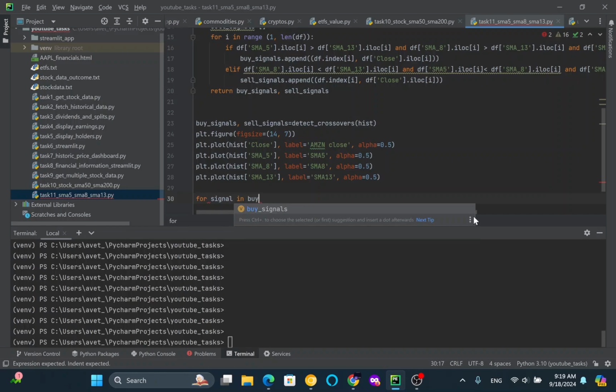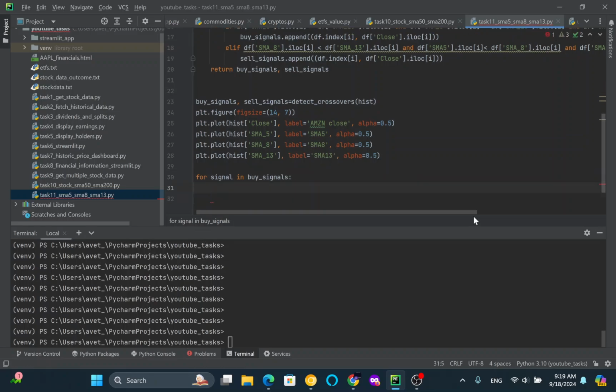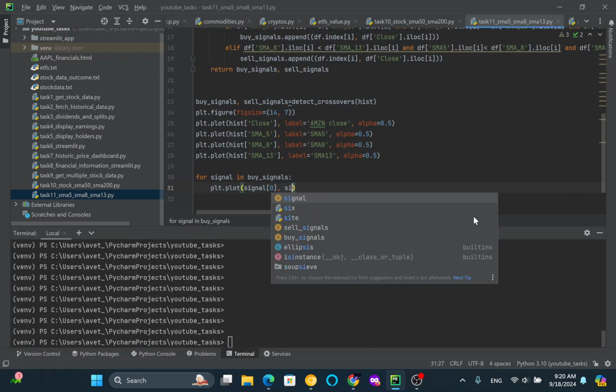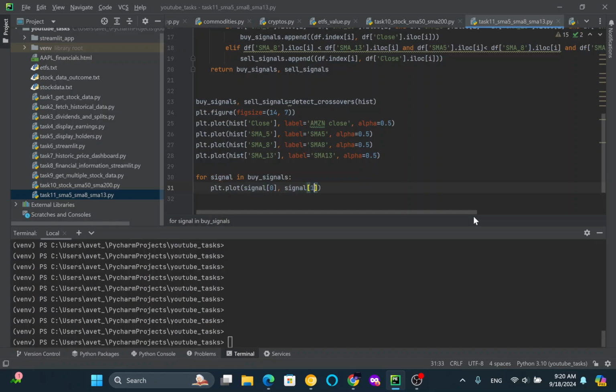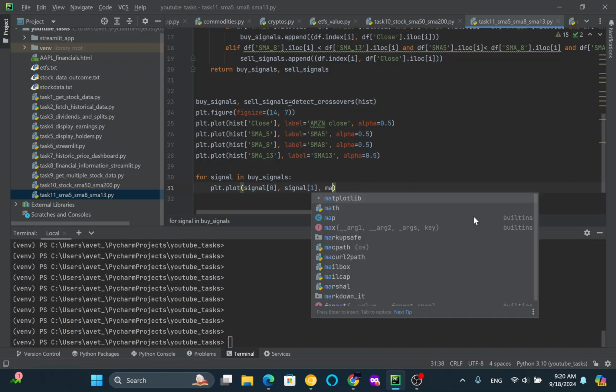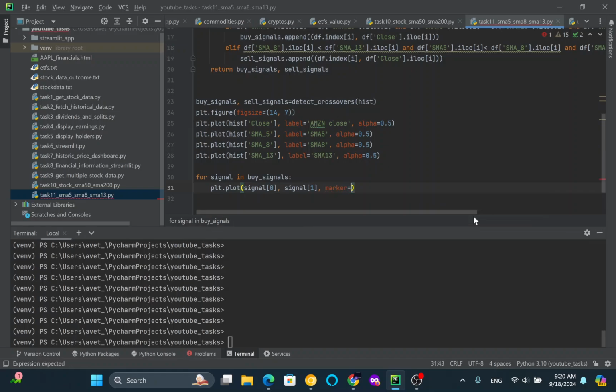Signal buy signals, and we will do the same for sell signals, of course. PLT alt signal 0, the first signal. We consider that for 3 months we will have not more than 1 or 2 buy signals, and mark it as the following.